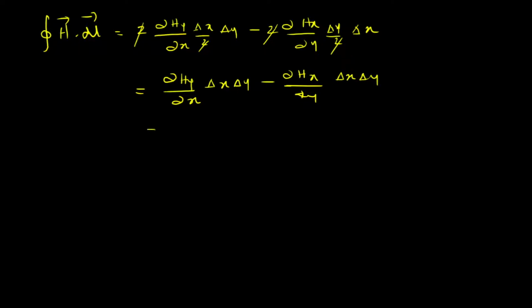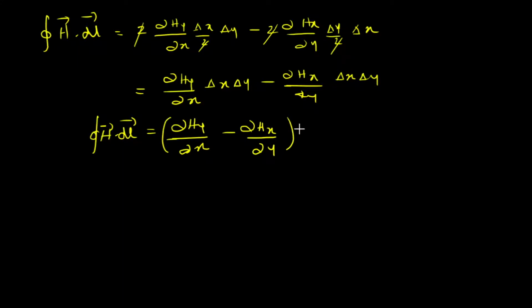Here delta x delta y is common, so I can easily write the closed line integral H dot dl as partial Hy by partial x minus the variation of Hx along the y direction, multiplied by the area of the closed path, because delta x into delta y is the area, length into breadth. So this is my closed integral H dot dl.